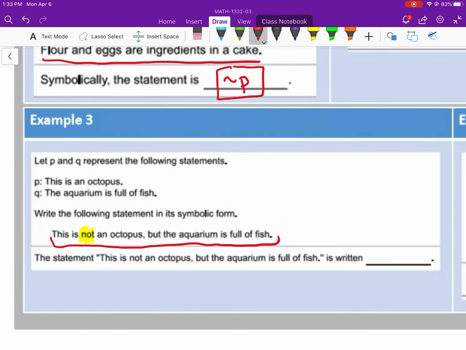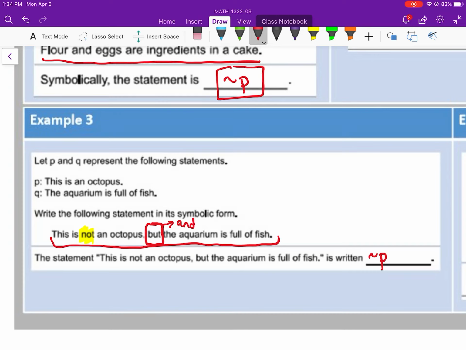How is this written? It's going to be not P. Now we need to take care of our second half of our statement, but the aquarium is full of fish. Now this is a little misleading when we see two statements that are put together with a comma and that word but, we have to think of and.